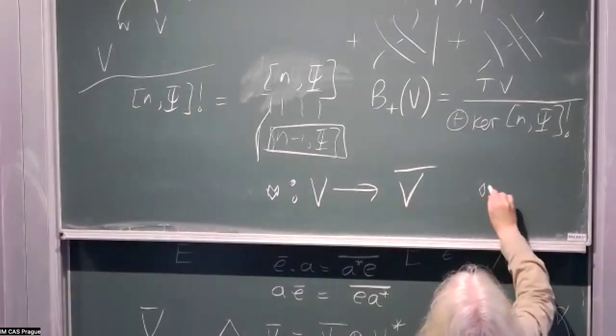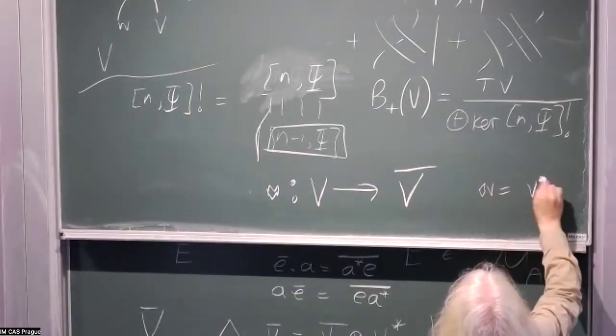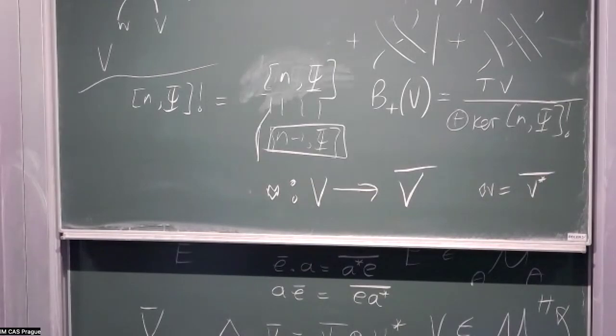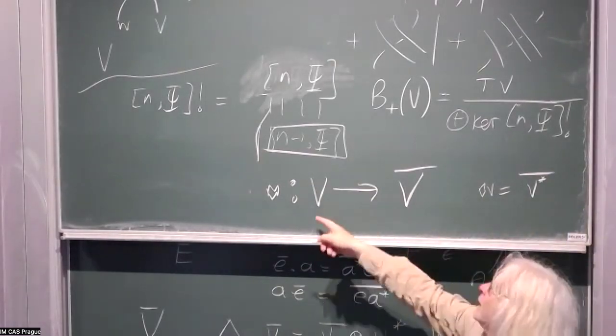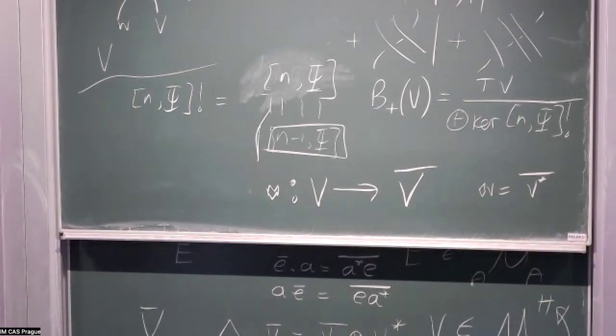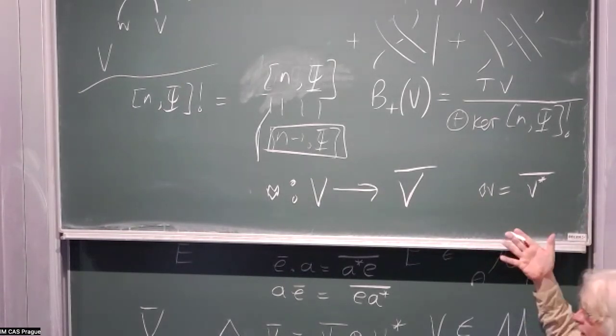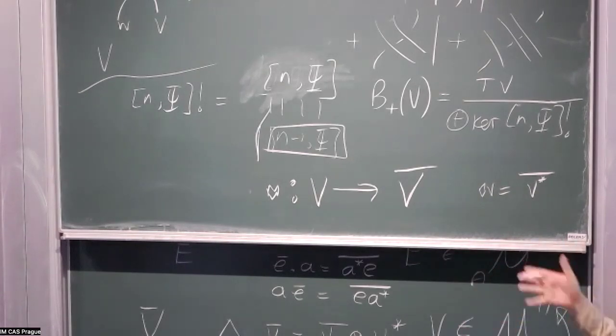So open star of V is V star bar. So that will say that this is a star object in the category if there's a morphism of this form in the category. And taking the conjugate here just means that this map is linear and therefore that it is a candidate, hopefully going to be a co-module map or whatever.